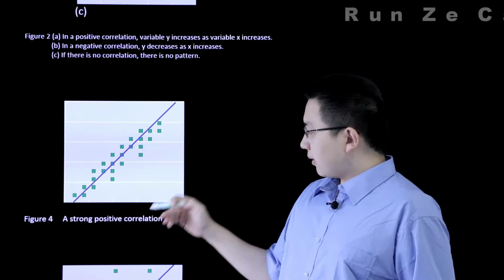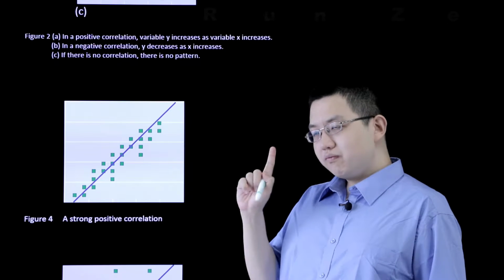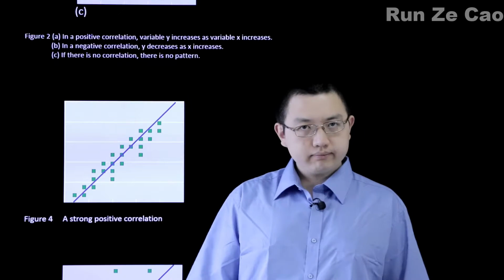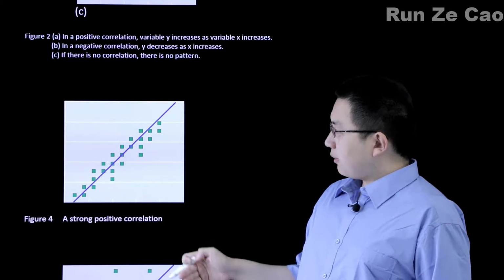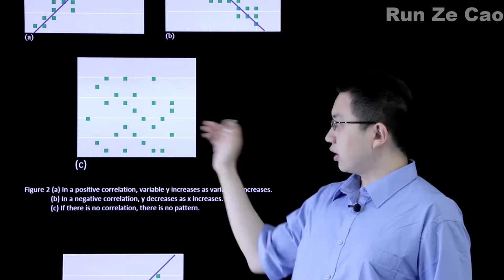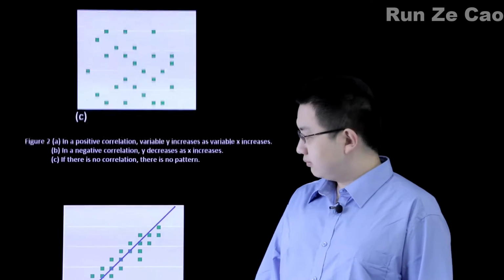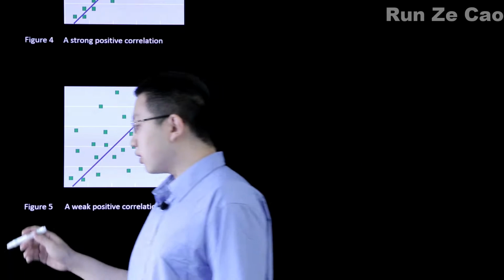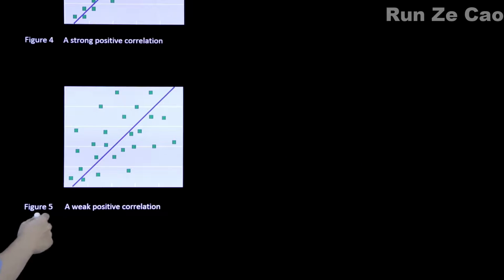The maximum strength a correlation can have is 1, i.e. all the dots are exactly on the trend line. The minimum strength it can have is 0, which is there is no trend whatsoever. And here we see, there's some vague correlation, but it's really weak.